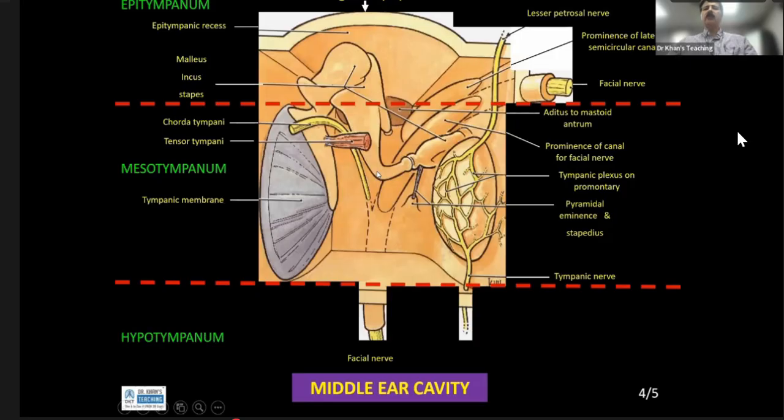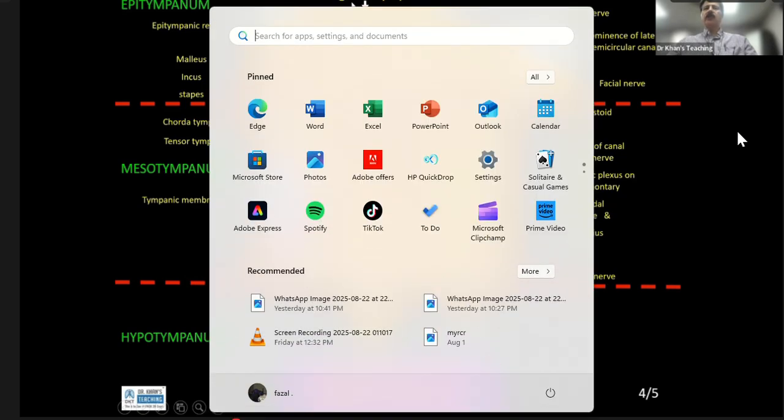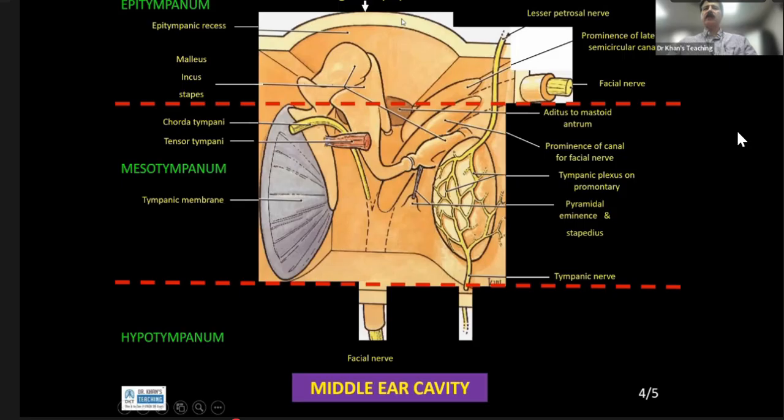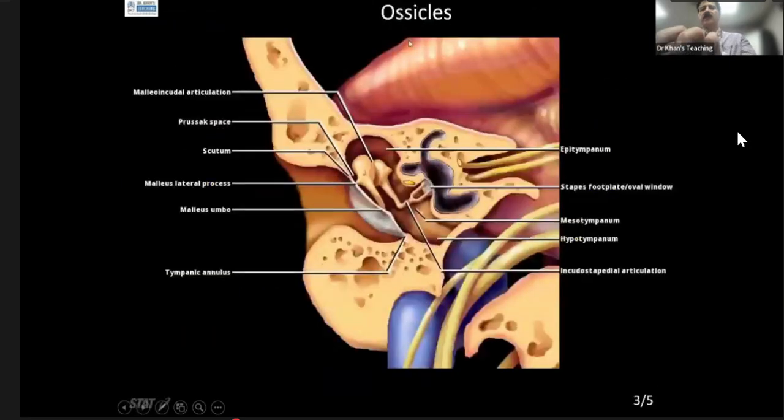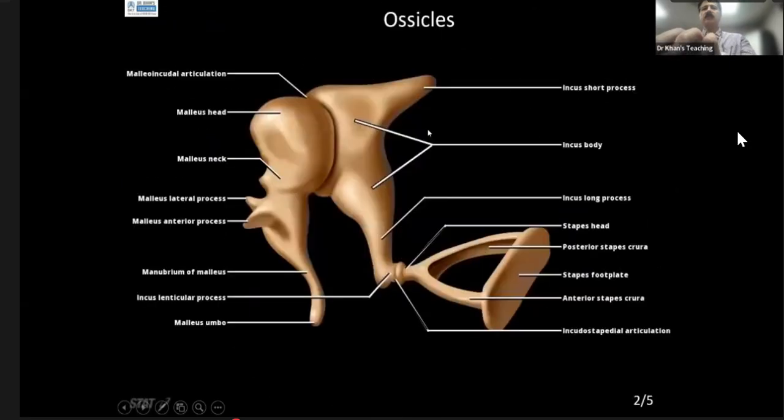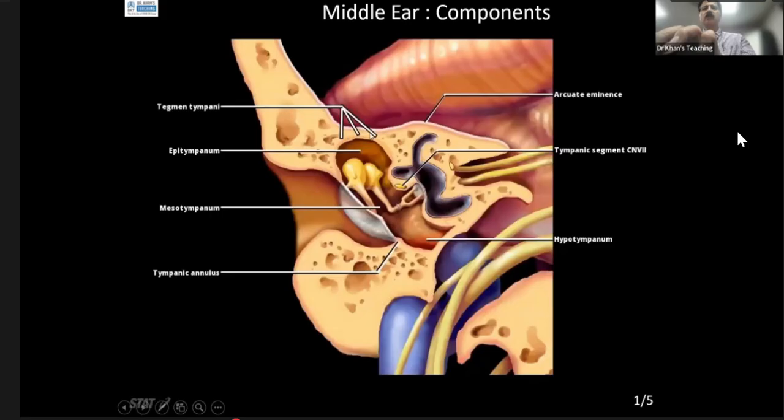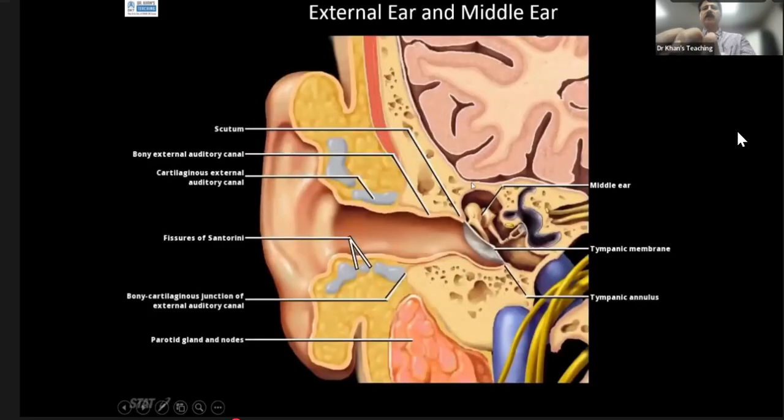Just remember that anteriorly, the structure which you should remember is the carotid canal. So carotid canal is anteriorly. Now inferiorly will be the jugular foramen. Superiorly is the tegmen tympani, and then the brain. You see this thing? So this is tegmen tympani, brain there.